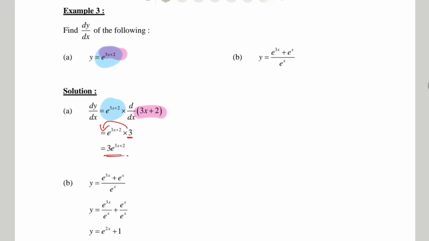Well, for this example, there's a better way of solving. Since there's a plus in the middle, and this is a fraction, and I can see that all of the terms have the same base, which is e, even though they have different powers, I can simplify them further if I split this into two fractions.